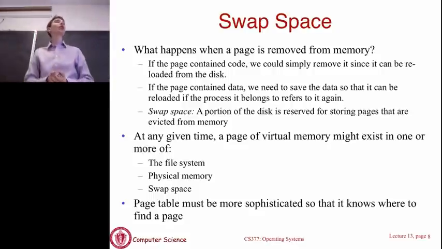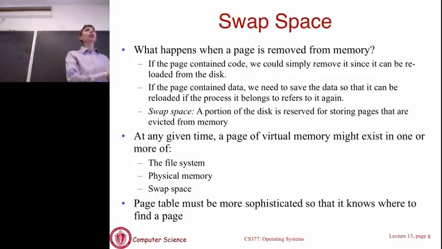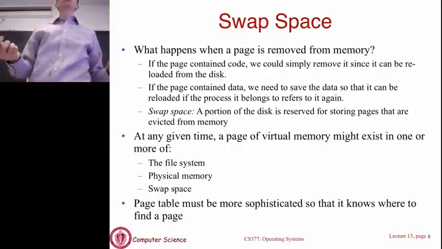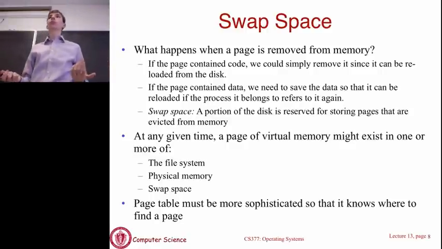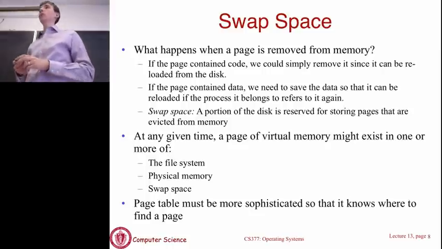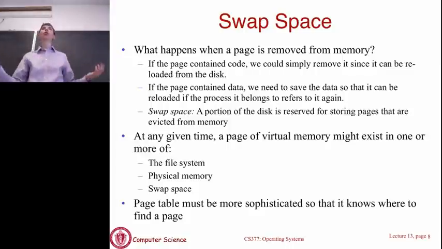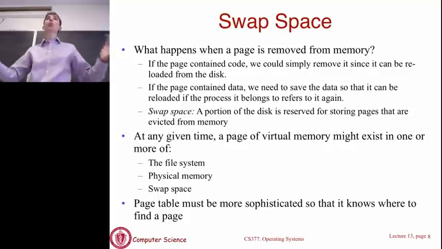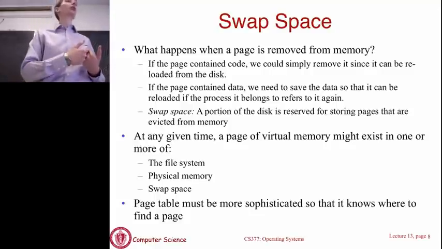How is a code page different from, say, a page of the stack or the heap? Are you ever actually changing a page of code? Right, exactly. Pages of code are never changing. You're never changing those pages while they're loaded into memory.